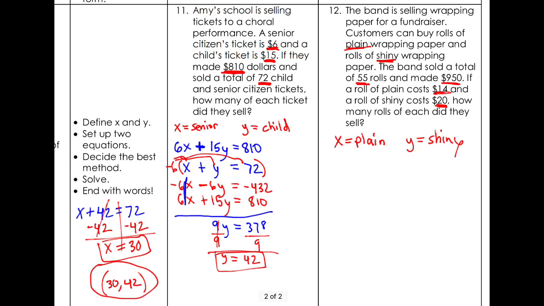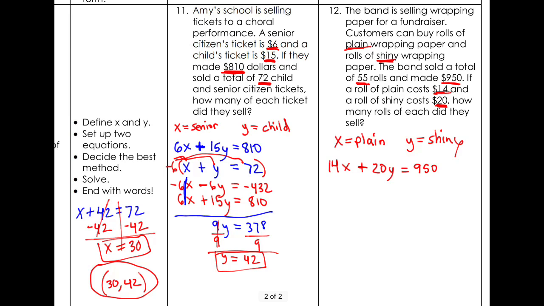You have $14 per plain combined with, it's a plus, $20 per shiny roll, and we know we had a total cost here of $950, so that is equal to $950.